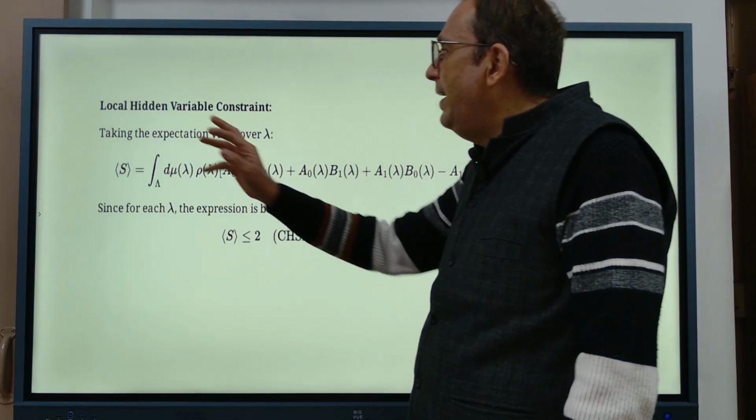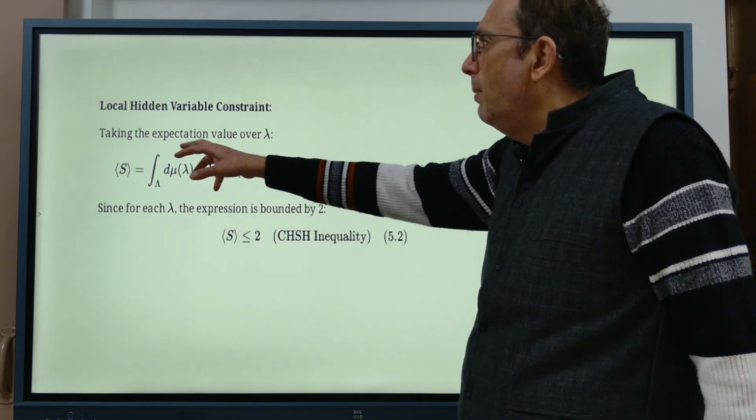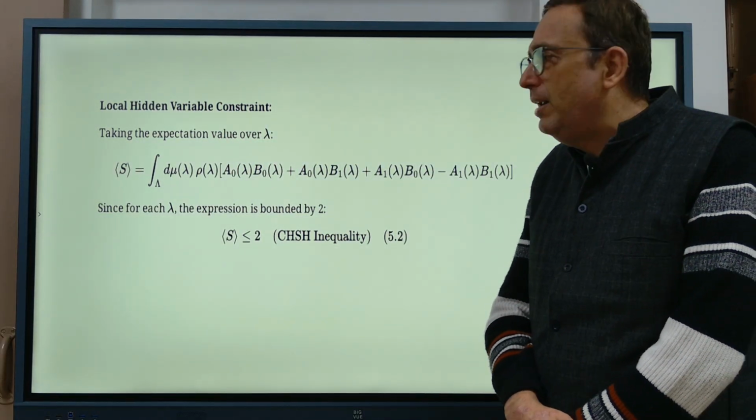So then we just take the expectation value by putting in the local hidden variable constraint.